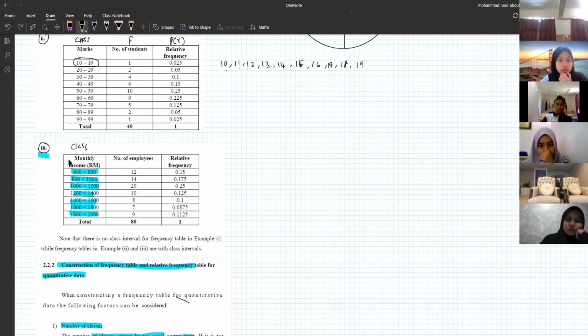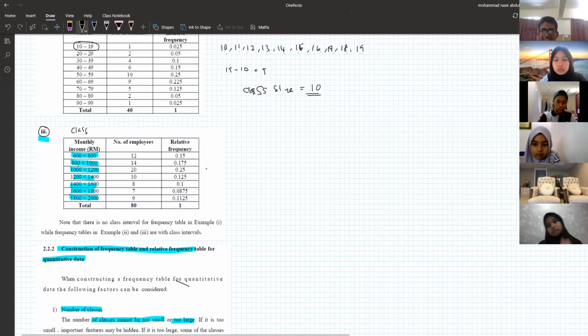So 1, 2, 3, 4, 5, 6, 7, 8, 9, 10. You cannot simply do 19 minus 10. You will get 9, which is wrong, because you omit the value of 10. So you need to count from 10, 11 until 19. So the class size here should be equal to 10, right?